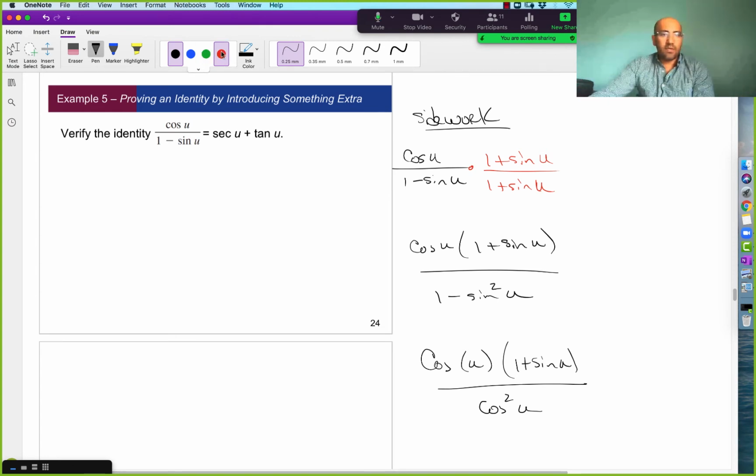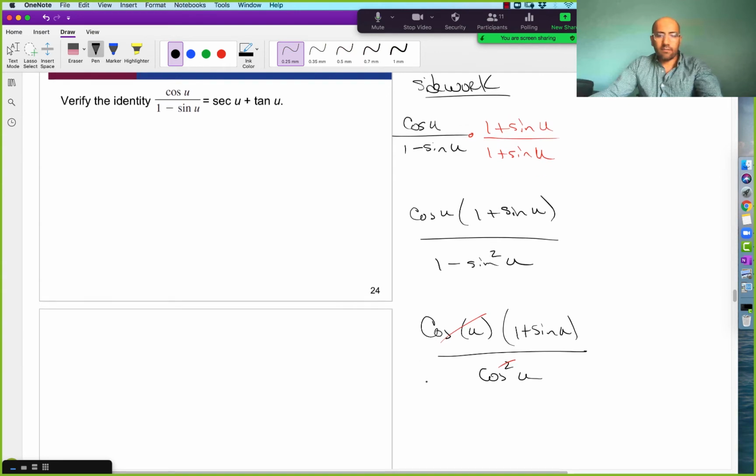And then one of these cancels with that guy, so I'll end up with just 1 plus sine u over cosine u. Oh, and then I accidentally got to that side. I thought I wasn't going to need to do that, but okay.